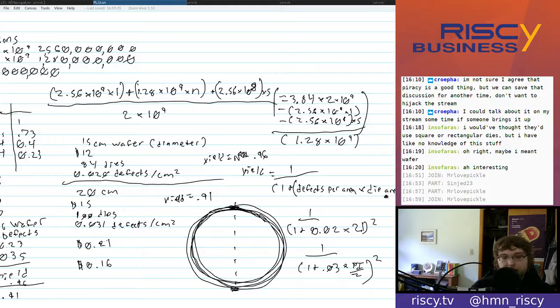And it says find the defects per area unit for each version. They're talking about the one that has the yield of 0.92 and the one that has the yield of 0.95. Okay, so this question is just in a bubble. It's not related to the last ones, which is really confusing because they made it as a sub question within this one. This is 1.10, and we did 1.10.1, 1.10.2, 1.10.3, and the question we're on now is 1.10.4.